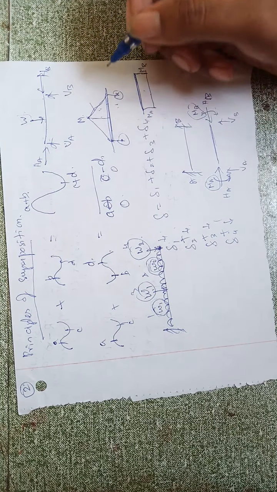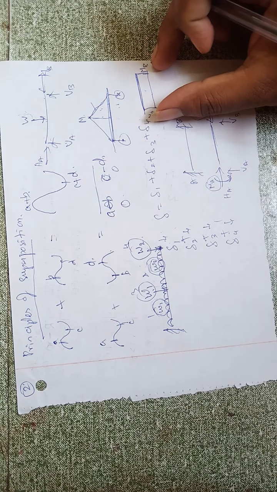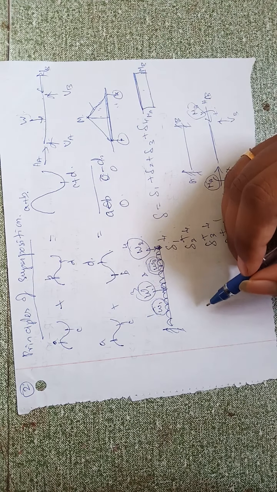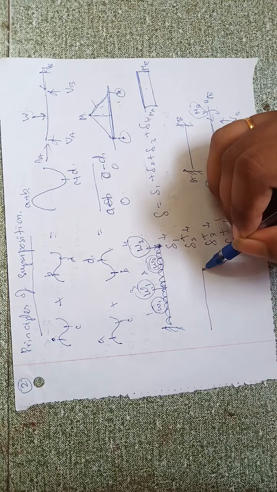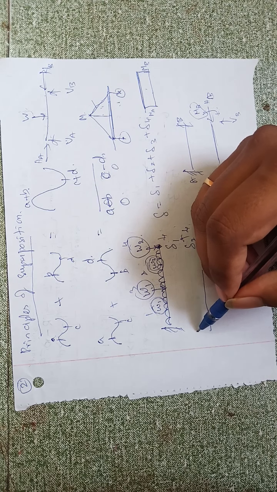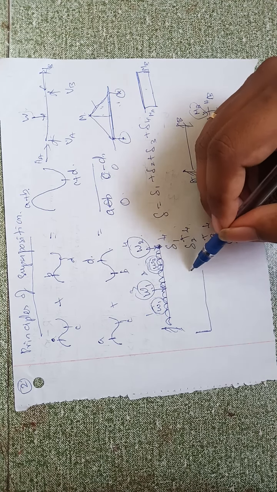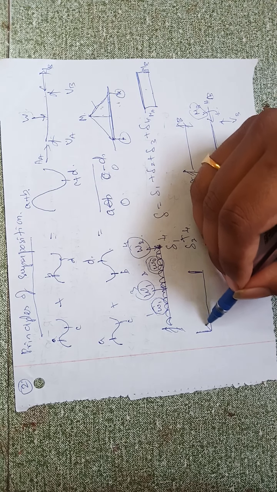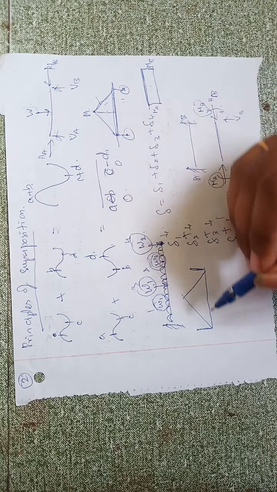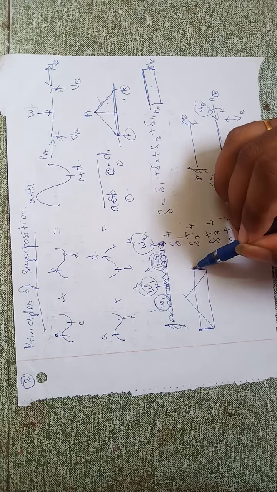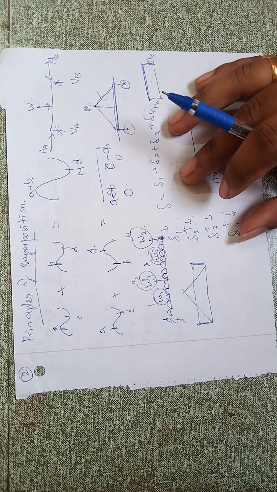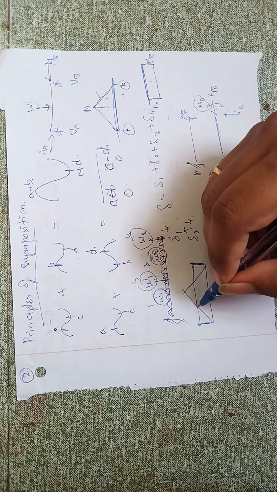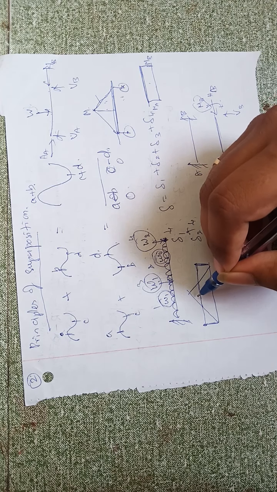These two things we have to overlap, so that you can see the diagram will be like this. So this is the final bending moment diagram. Now in this case this will be the reference line.